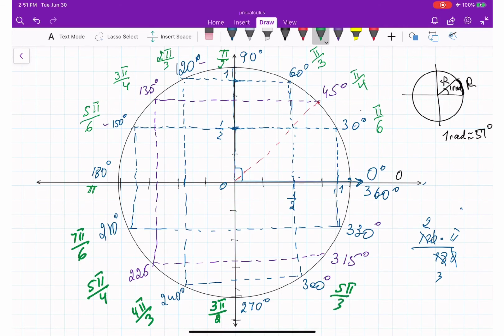So all of them you calculate precisely the way we did here.